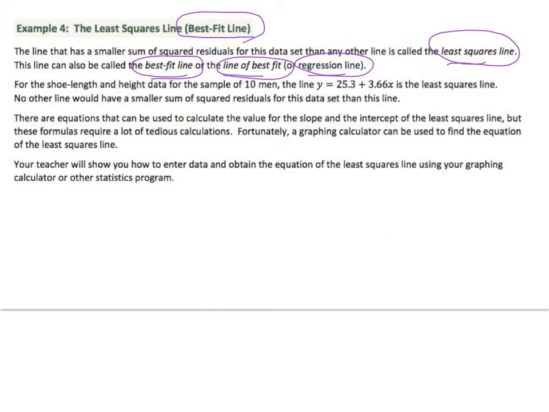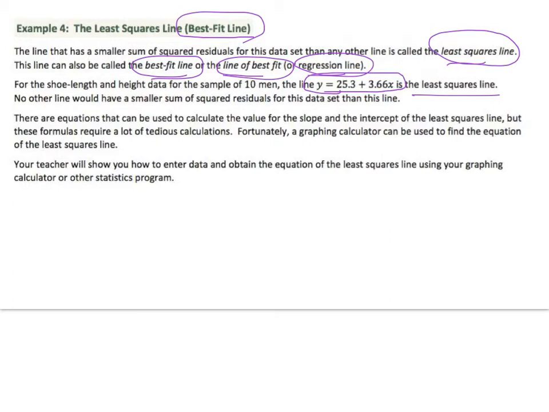I'll usually call it the line of best fit, but they can be called all of these. For the shoe length and height data for a sample of 10 men, the line y equals 25.3 plus 3.66x is the least squares line. No other line would have a smaller sum of squared residuals for this data than this line.